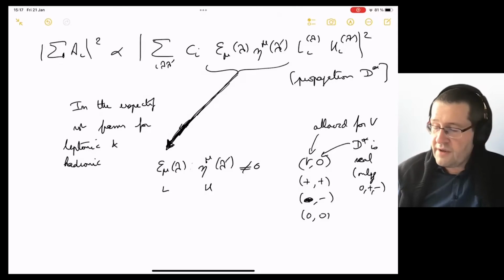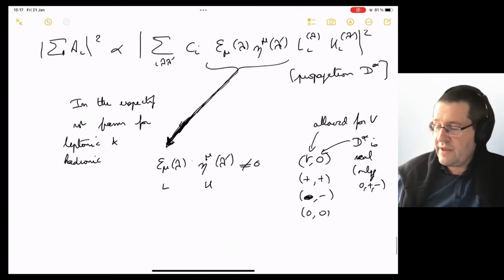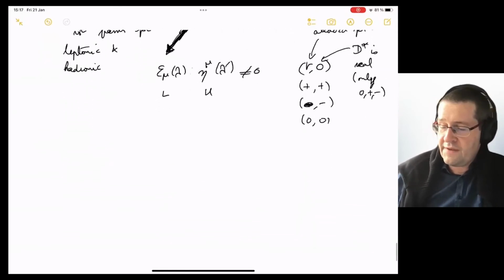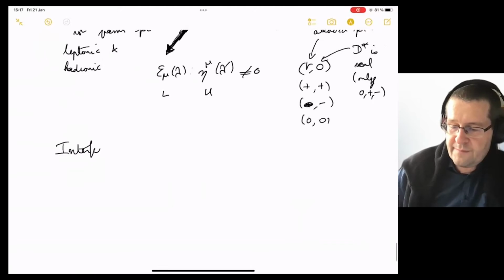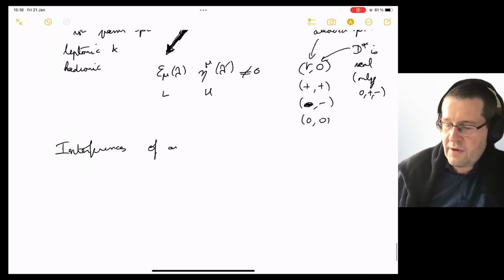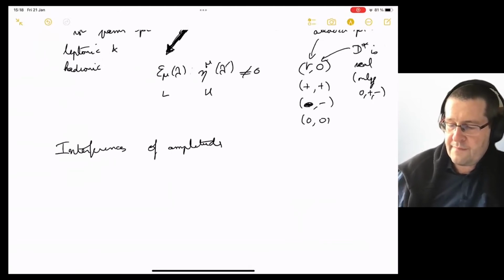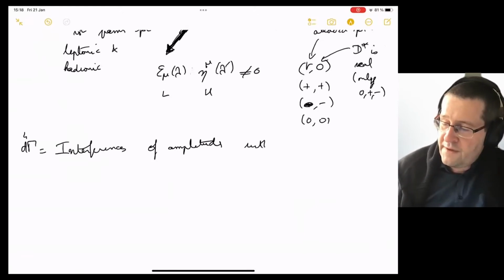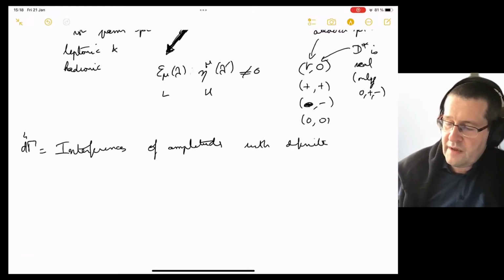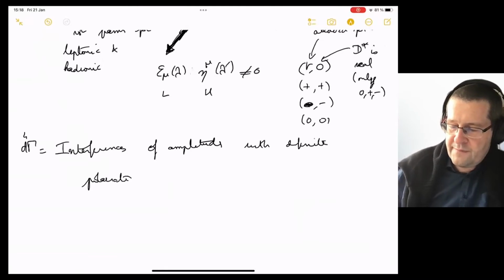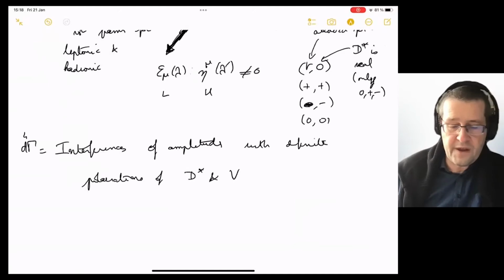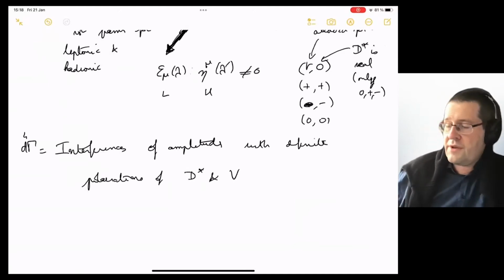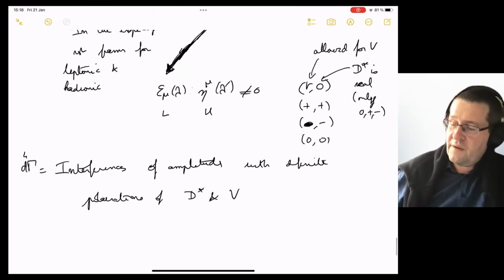So that means you can analyze the decay as interferences of amplitudes with definite polarizations of the D star and the W. That helps you a lot to analyze everything in terms of simple polarization.